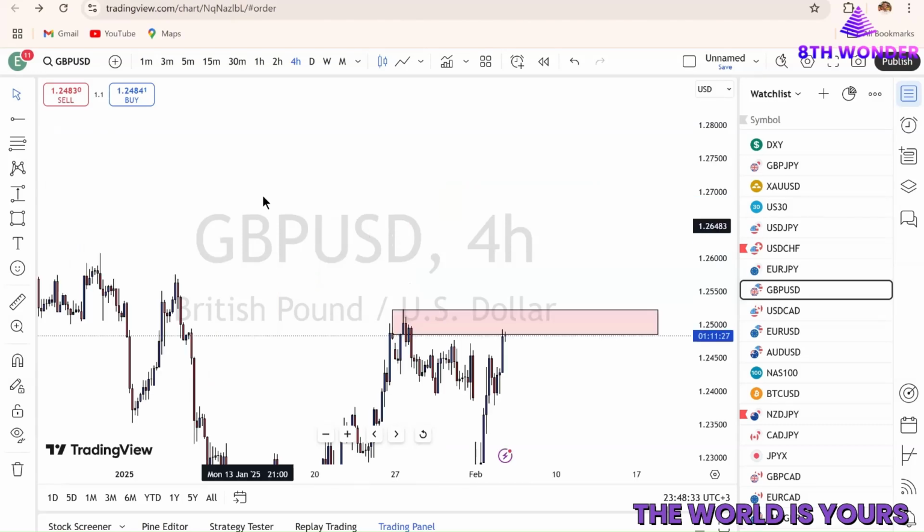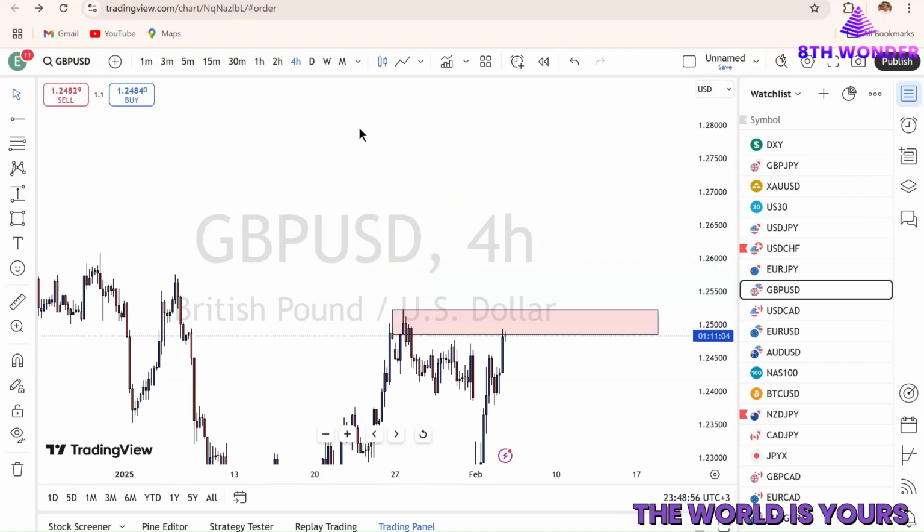It means GBP must lose value for USD to increase value. Once USD increases value, automatically this will lose value. So the news has come out positive, it means the dollar has gained value, so we have to sell here. GBP must go down because USD has gone up. That's the picture you're having here.